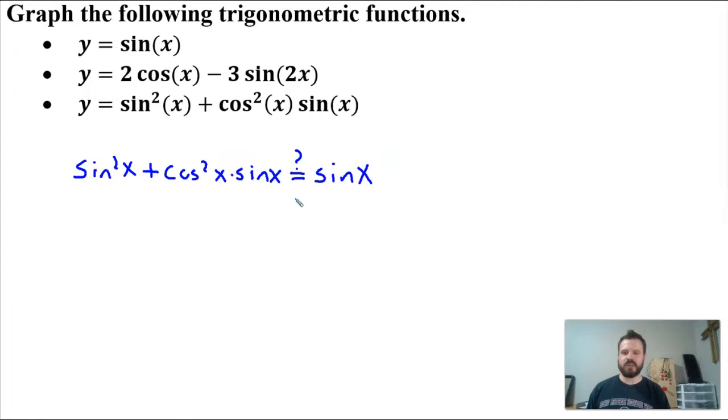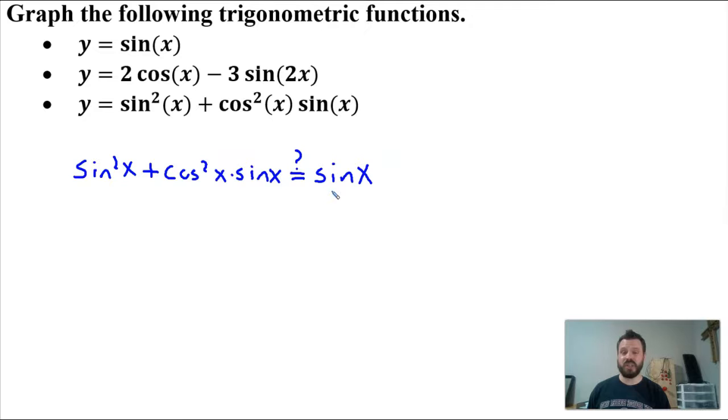But what I have here is the basic idea of an identity. It's two expressions, usually with one more complicated, that are equal to each other. Now when it comes time to working with trig, would I rather deal with this more complicated left side or the easy to write right side?